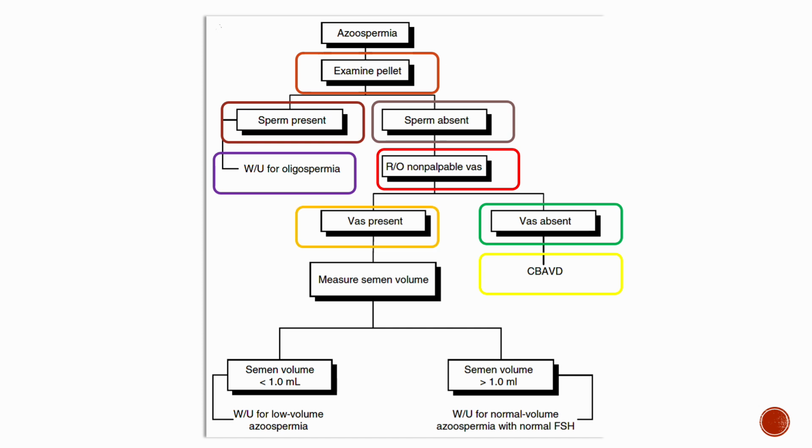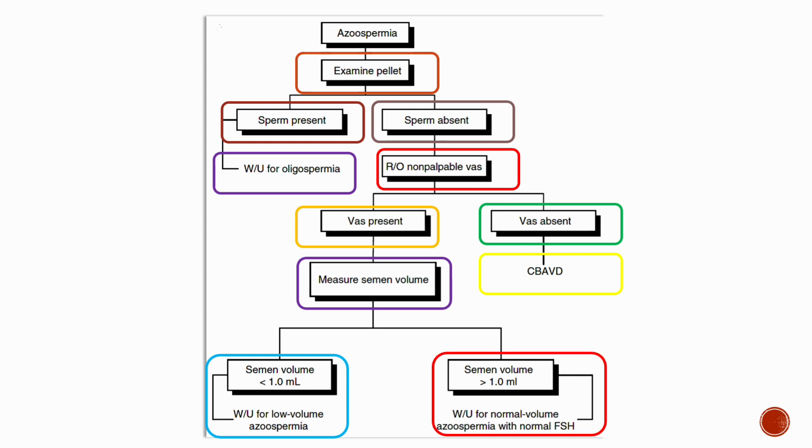But in case the vas deferens is present, then we have to measure the semen volume, because the management algorithms are different. In case the semen volume is less, we work up for low volume azoospermia. But in case the volume is normal, we work up the patient for normal volume azoospermia.